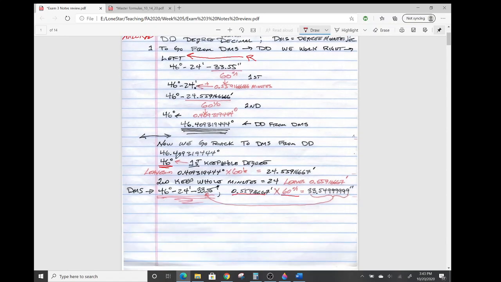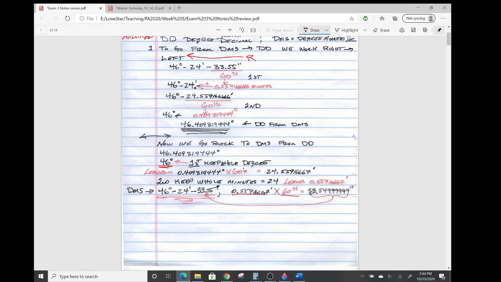And going back, you strip out the whole degree, set it off to the side, it's 46. Multiply this decimal here by 60. Take out the whole minutes, 24, and stick it over here with the degree. So you got 46 degrees and 24 minutes. And then you're left with this decimal, and multiply that times 60, and then you end up with your seconds.